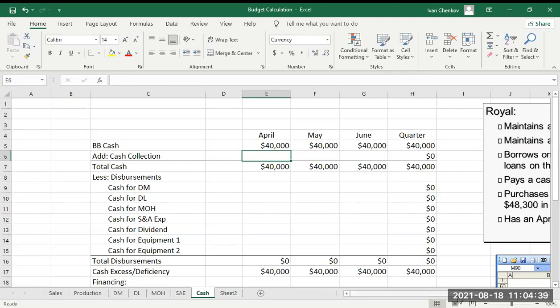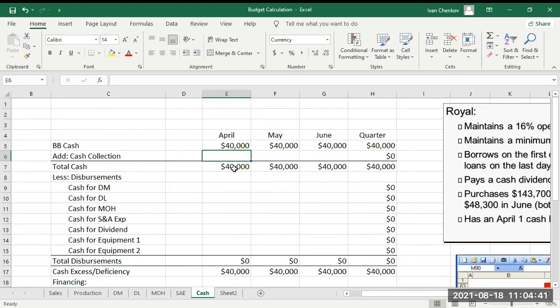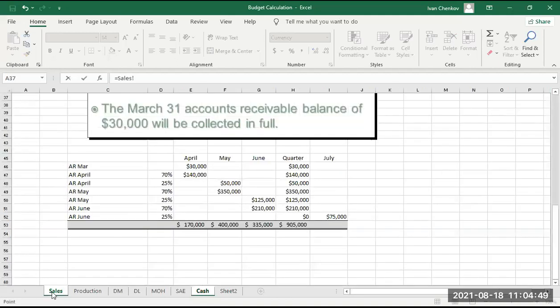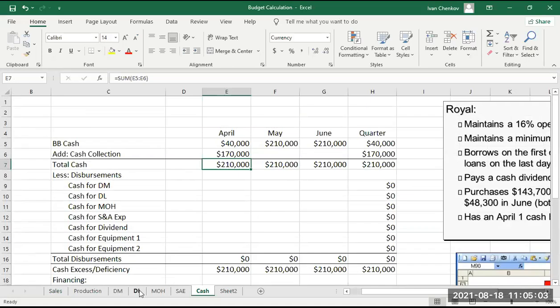Then we have to add the cash collection for April. From where are we going to get the cash collection? Obviously, that will be equal to our sales. We're going to go to the sales budget, and we're going to see how much we collected in April, which is $170,000, correct? And that's how we're going to get cash collections.